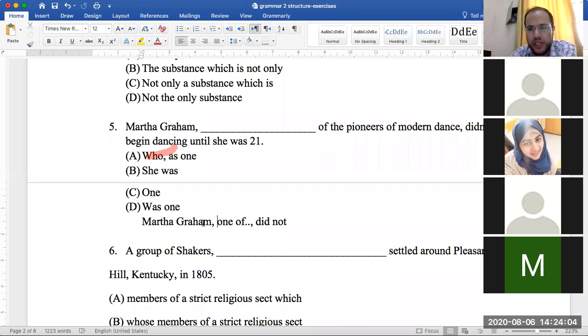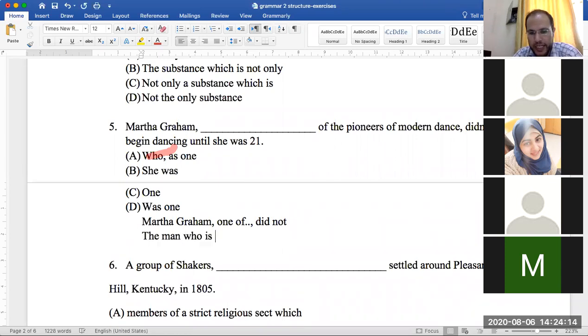We have something close to it in Arabic, the interpreted infinitive and the explicit infinitive: the man who carries the child, the man carrying the child. You say again, the man who is carrying the baby is my friend. This is a complex sentence, a beautiful sentence. This is an adjectival clause, the man who's carrying the baby.